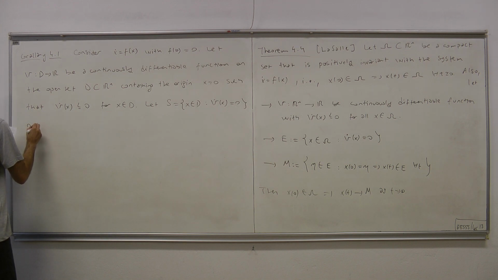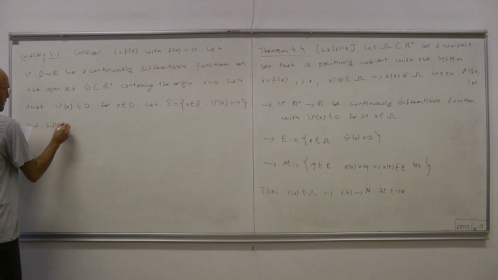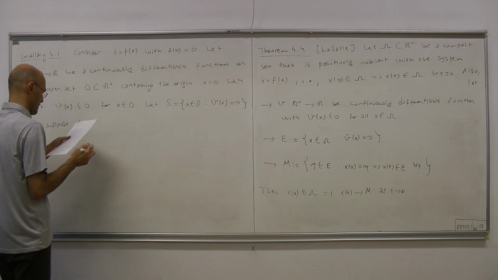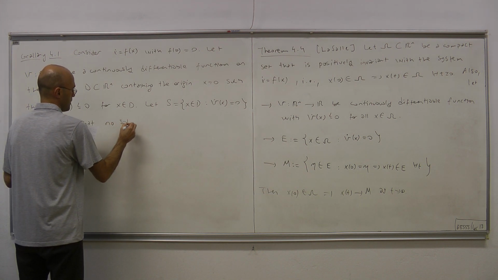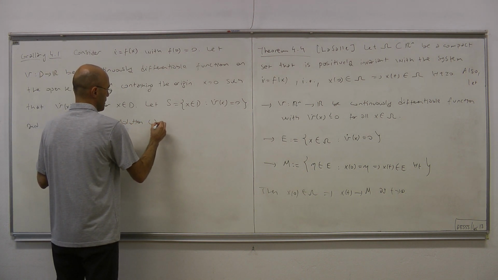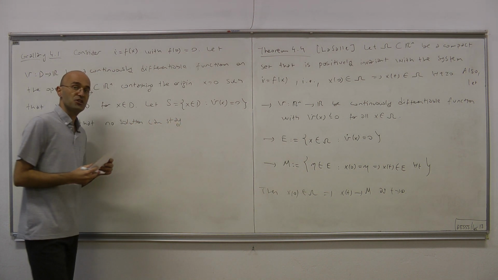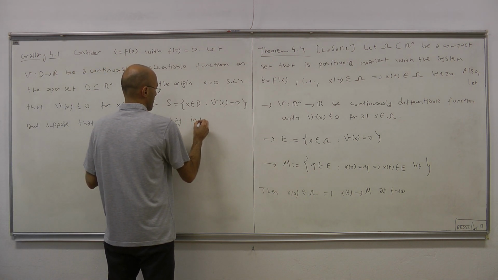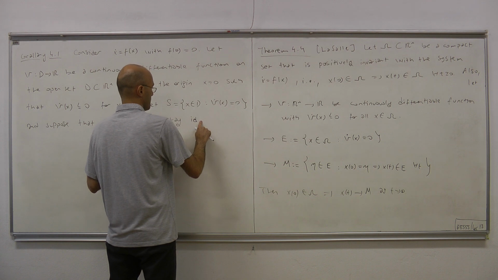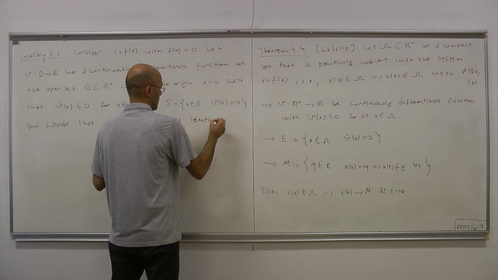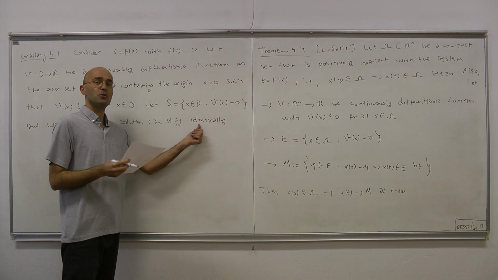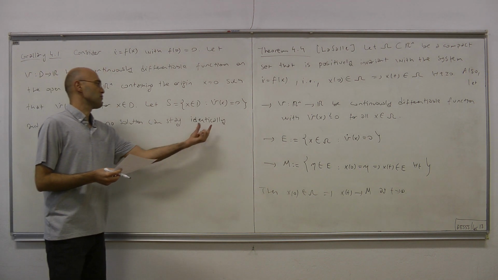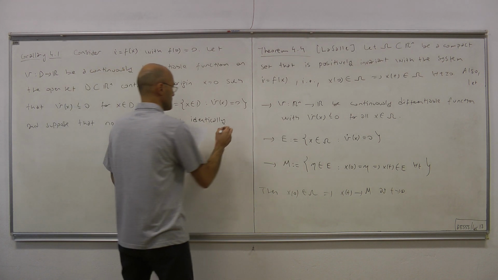And suppose that no solution of the system can stay in S for all times. What we mean by using the word identically is that it means for all times.